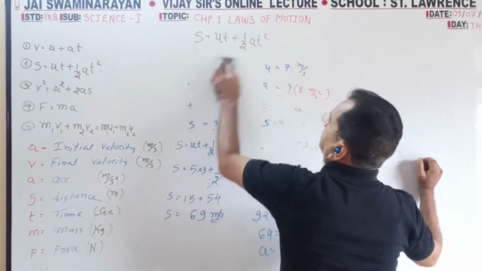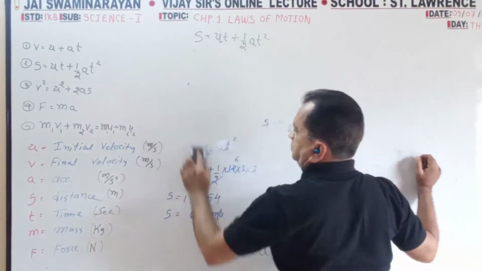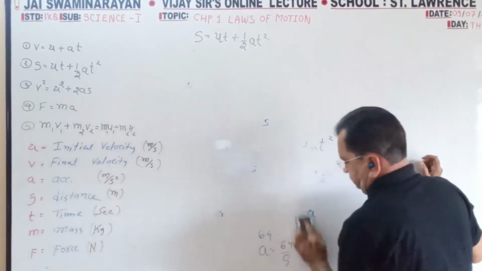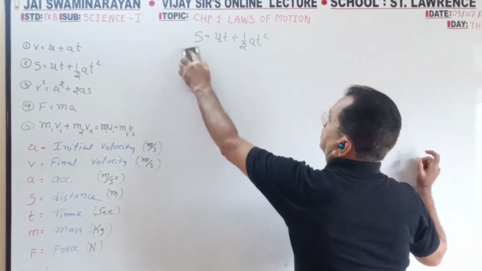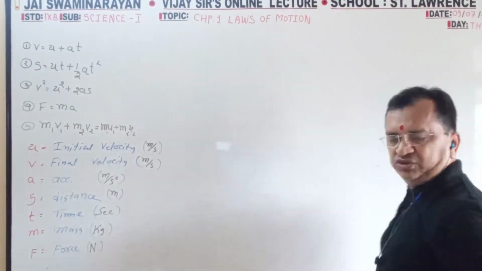Third part. V square is equal to U square plus 2AS.